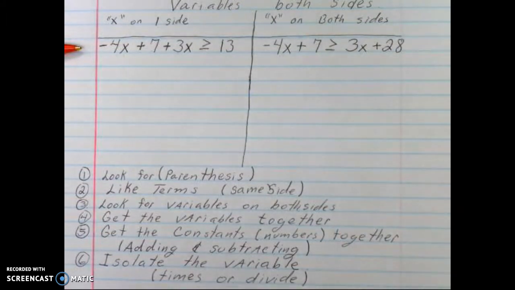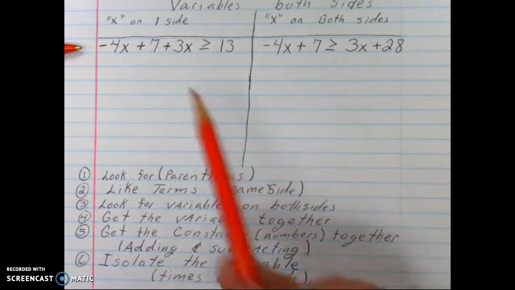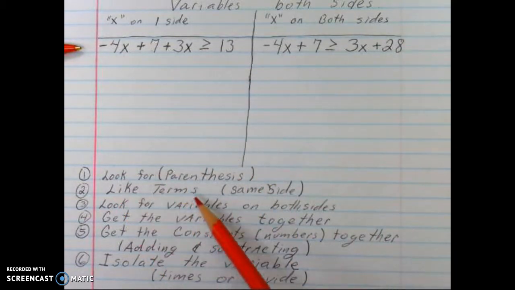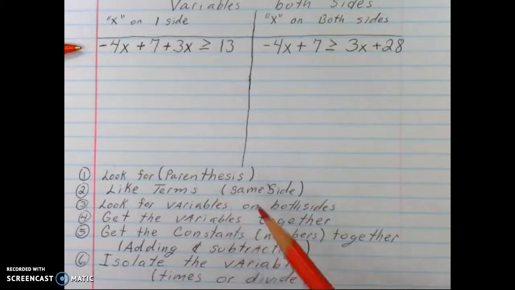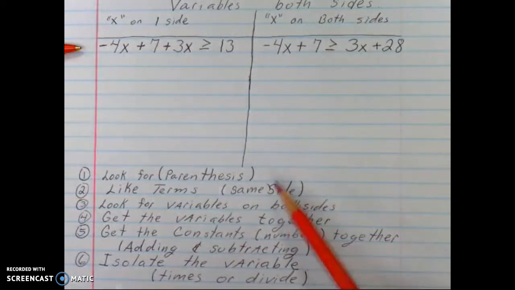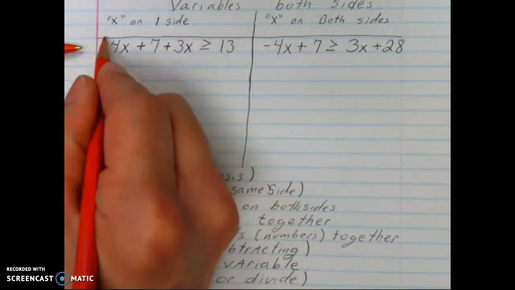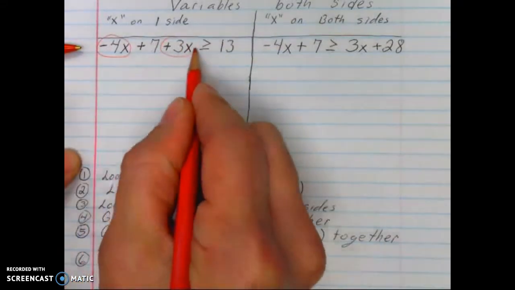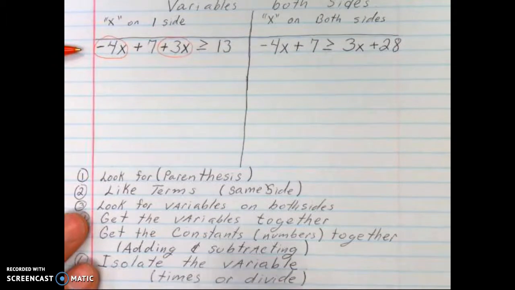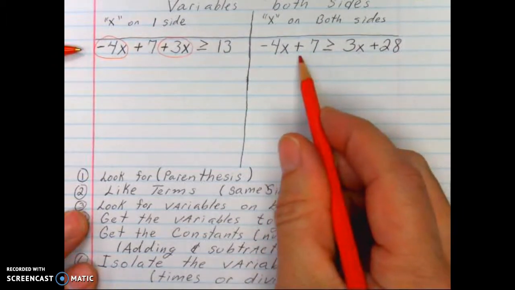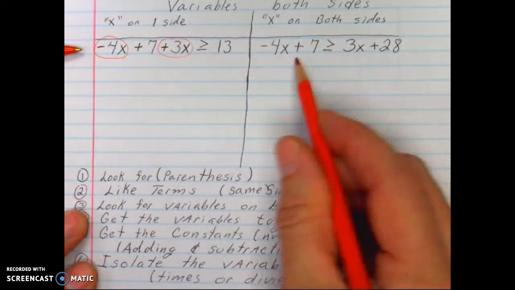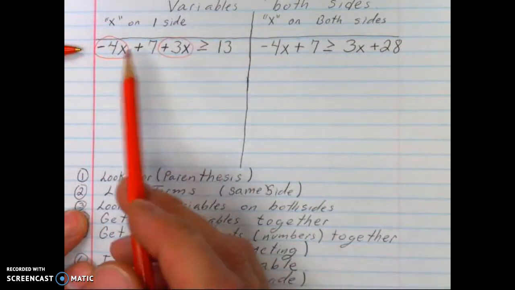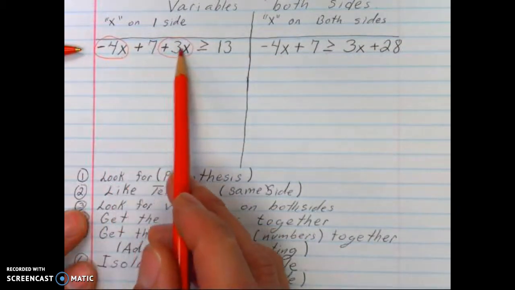So first step, as you can tell, is you look for parentheses. Well, there is none, so step 1 is done. Now this is where step 2 is our first difference. Like terms are on the same side. So right here is a like term: the negative 4x and the 3x. These are not like terms; there's no like terms here. So what you do with your like terms is we do not change their sign.